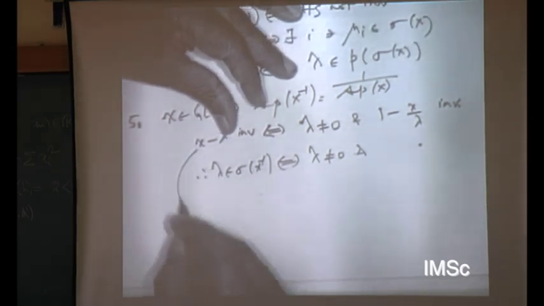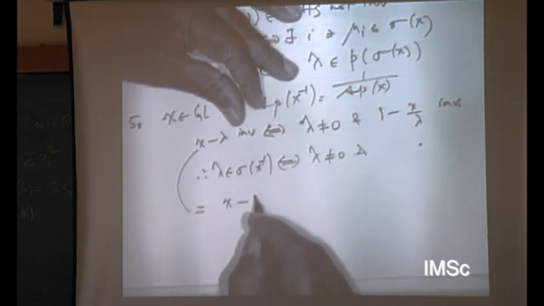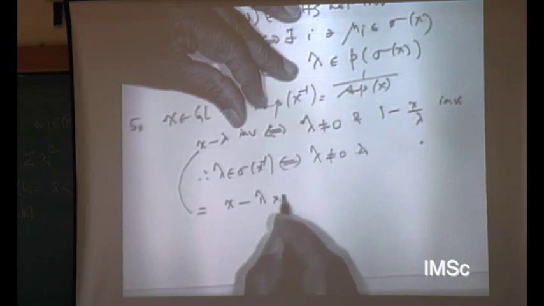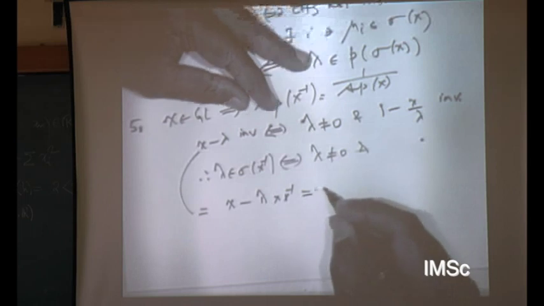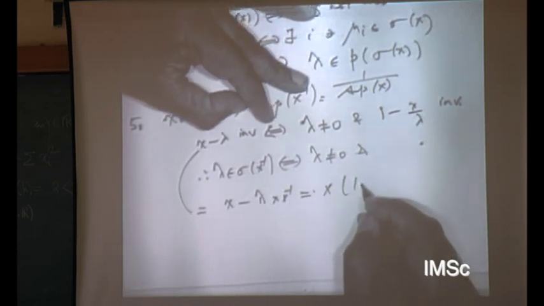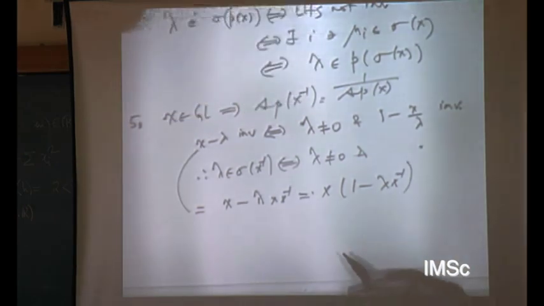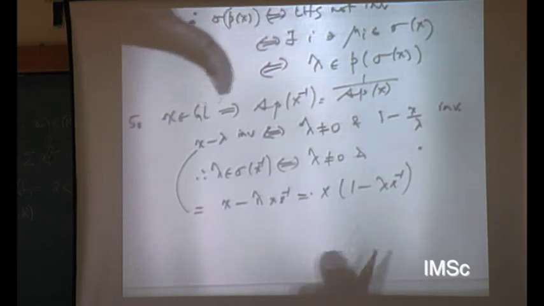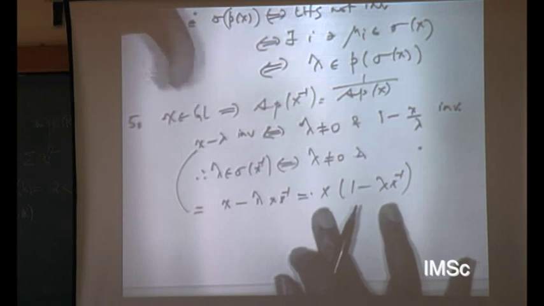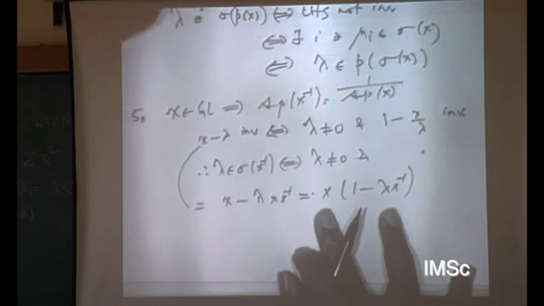See what is this? This is equal to x minus lambda x inverse, which is x times 1 minus lambda x inverse. And these are commuting things, so it shouldn't be so hard. Why am I making such a mess?